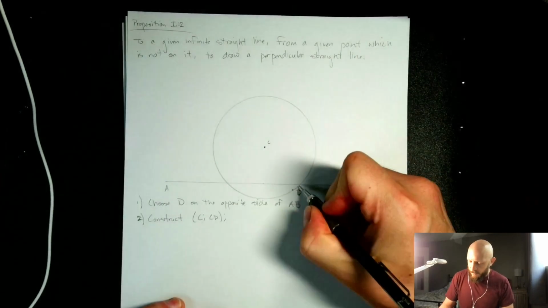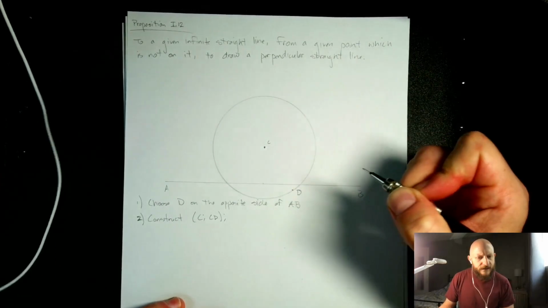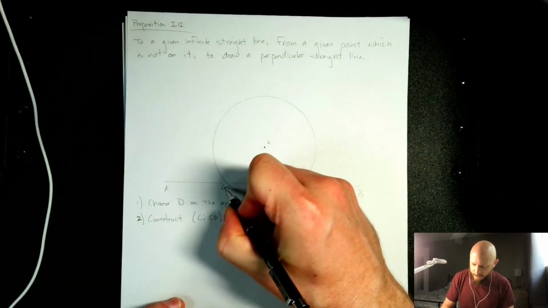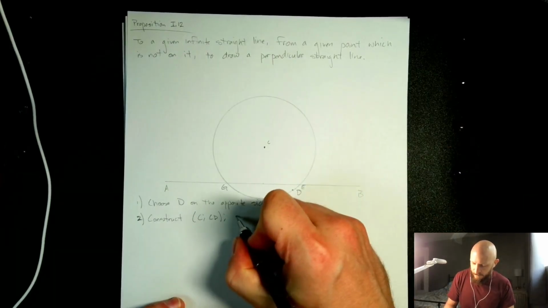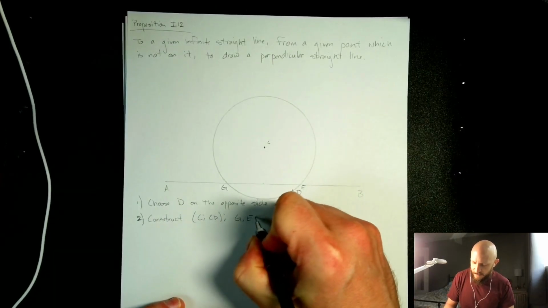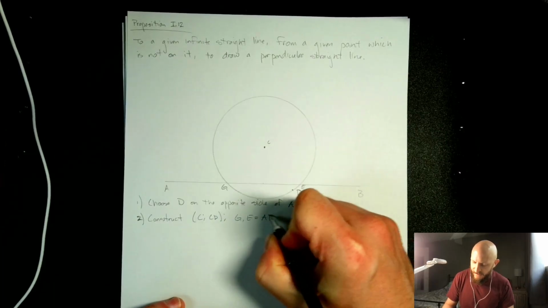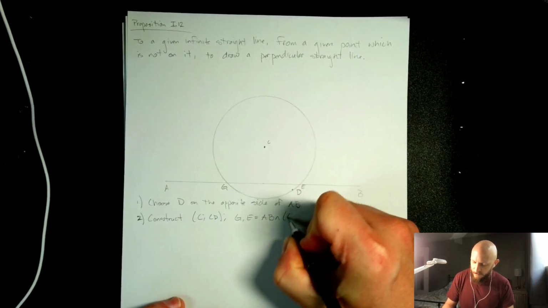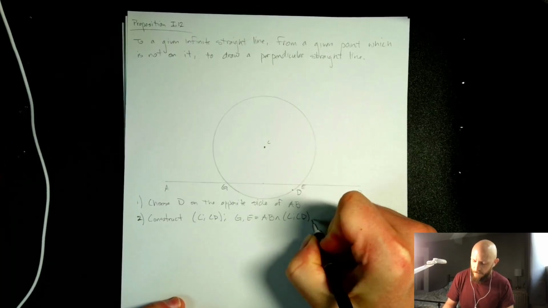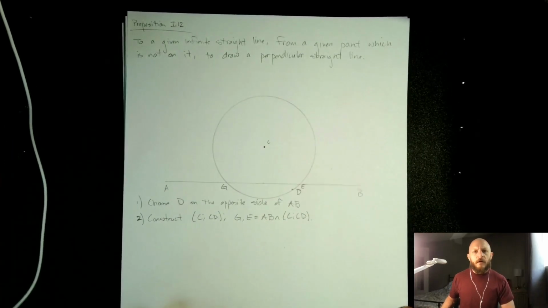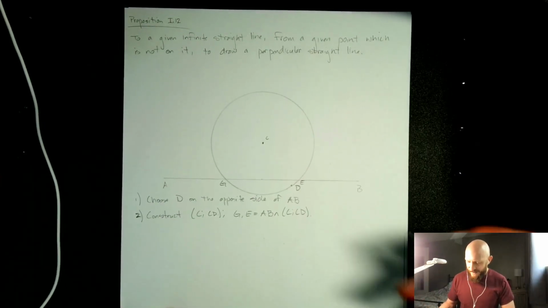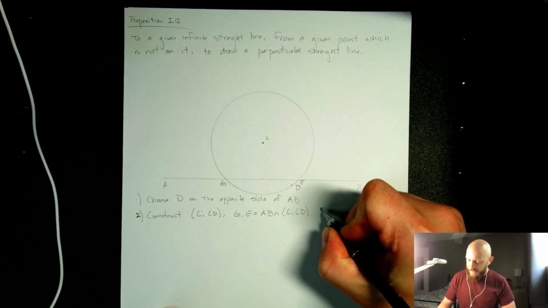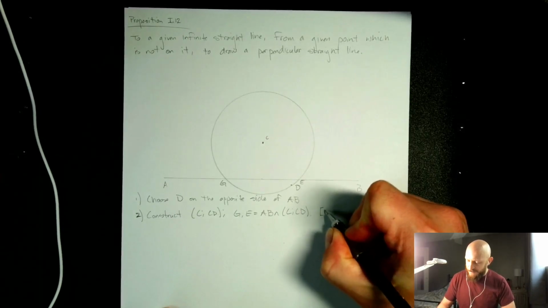And then I'm going to call these two intersection points G and E. So G and E are the intersection of AB with this circle. The only justification that would need to be thrown in there, which is kind of a strange justification, is Postulate 3.